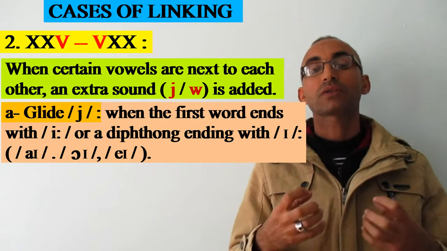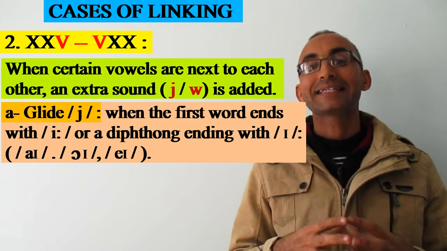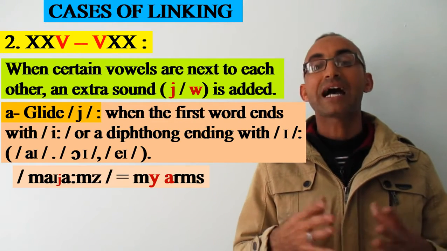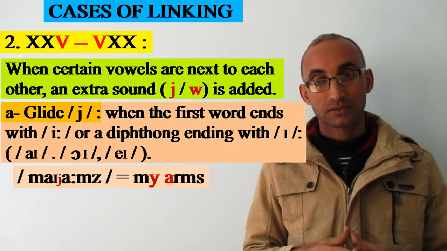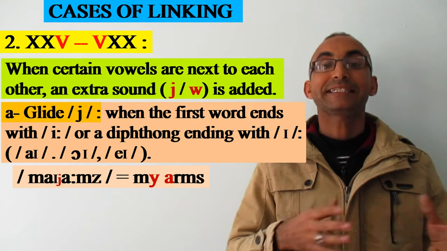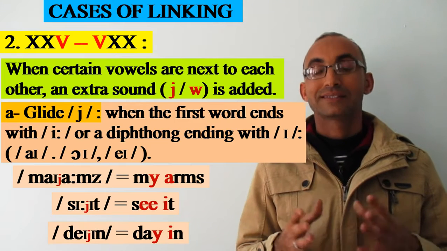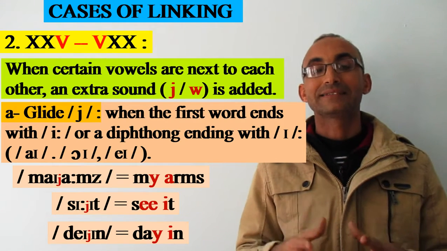This is a transitional linking sound. Example: I have my arms, not my arms. We say my yarms, see it, not see it, see yit, day in, not day in, day yin.